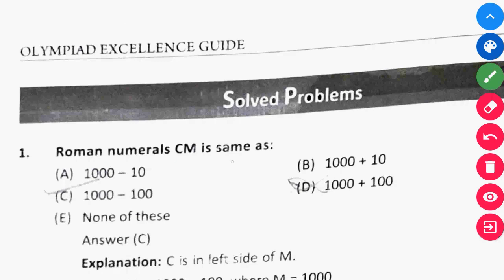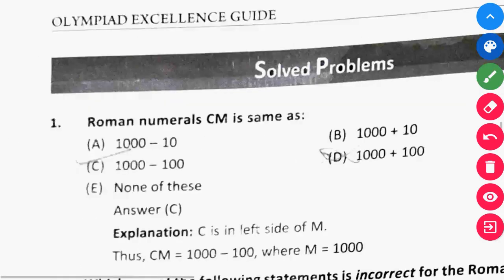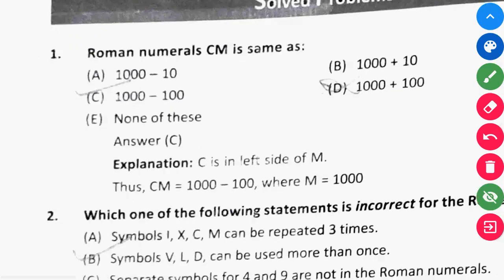Now see, the Roman numeral CM is the same as what? We already saw that C represents the number 100 and M represents the number 1000.